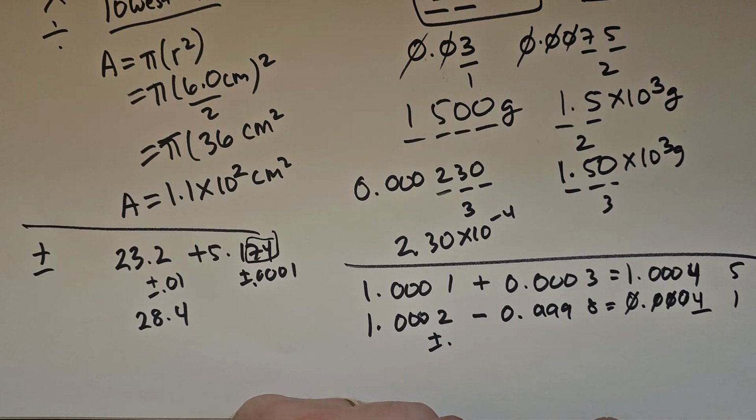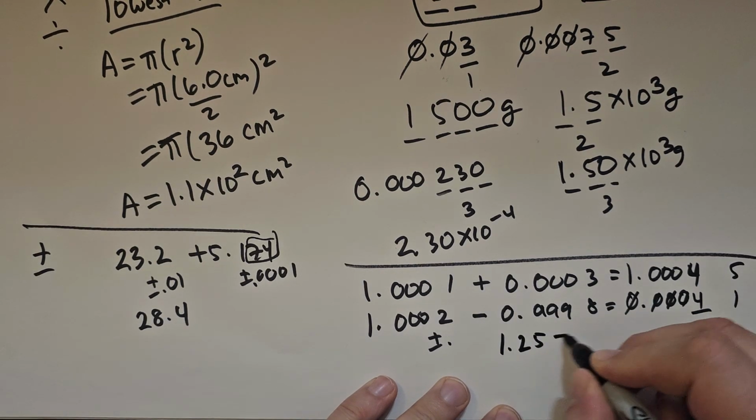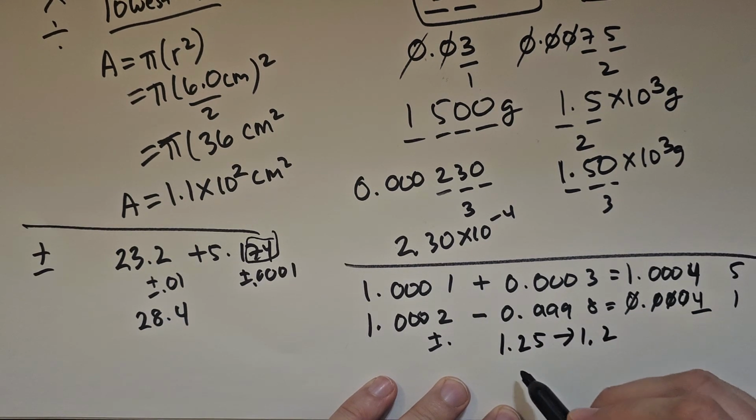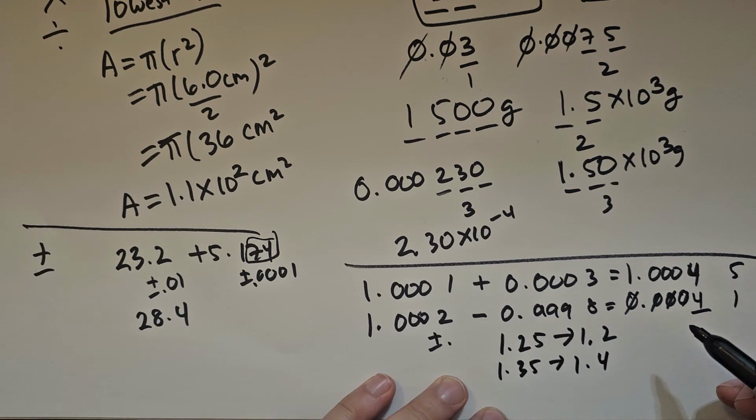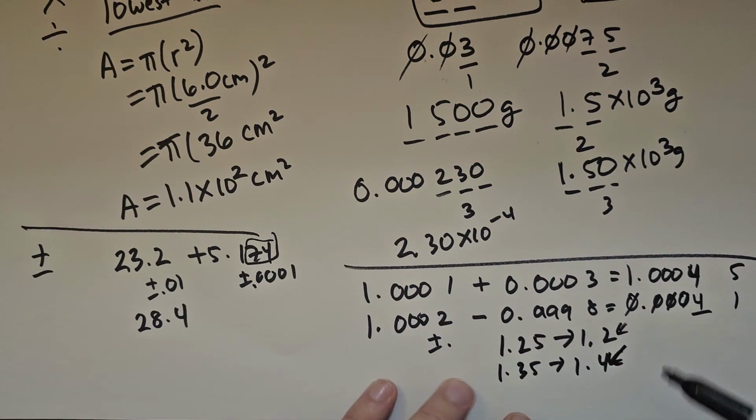If it's odd, you round up, so you go to the nearest even number. Specifically, 1.25 becomes 1.2 when you drop the 5. 1.35 becomes 1.4. Okay, so we're trying to keep this last digit even. So we round up or down to keep that last digit even.